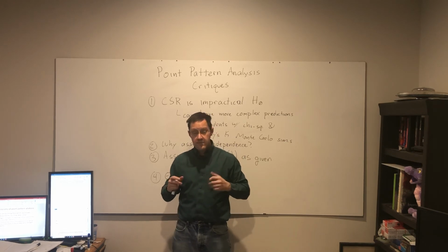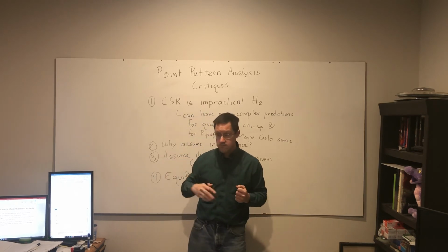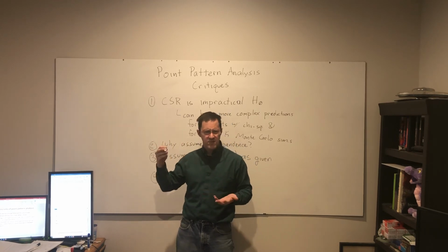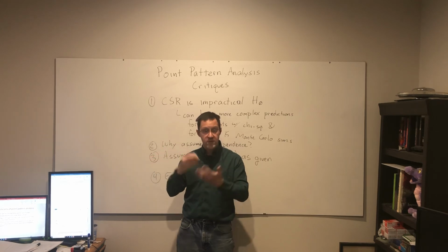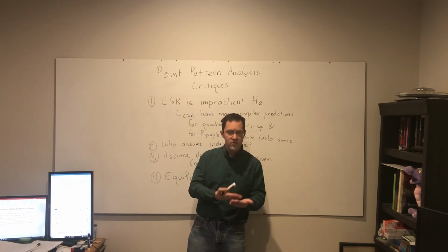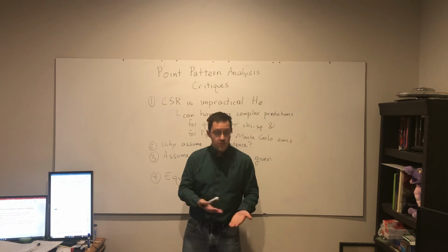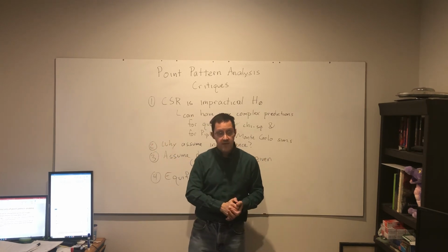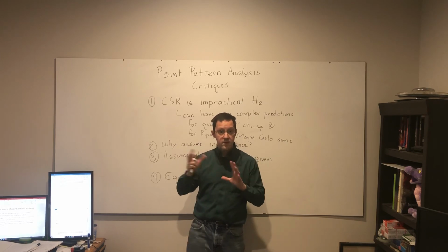And so we have these four different critiques. Complete spatial randomness is kind of a strange thing to even be considering as a null hypothesis within geography, because we so expect it to not be true, especially with the case of independence between the different points.